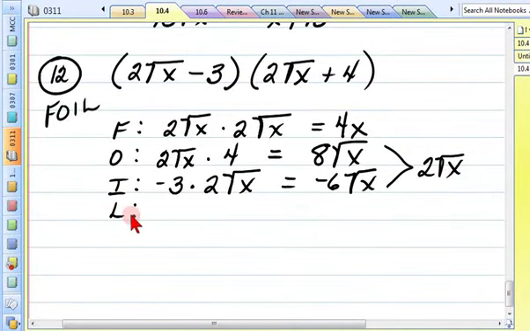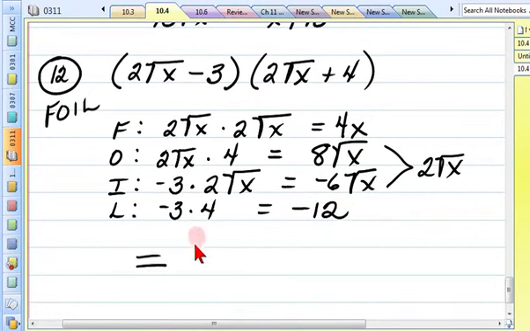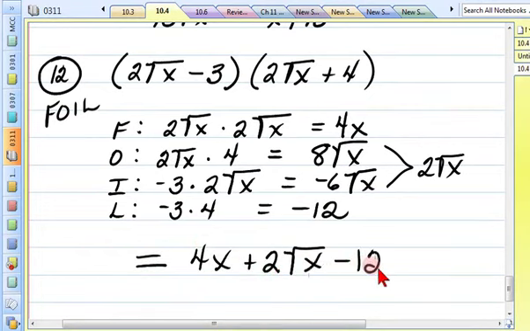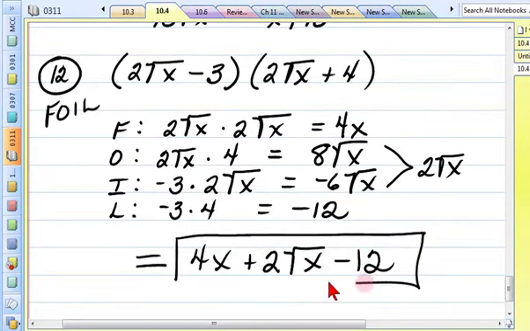All right, and the last, negative 3 times 4, which is negative 12. So my product is 4x plus 2 times the square root of x minus 12. I have my first, the sum of the outers and inners, and my last.